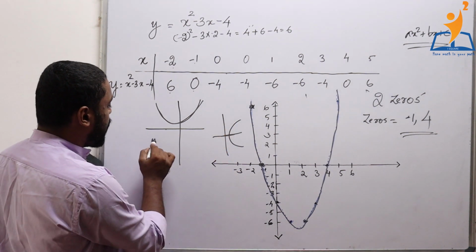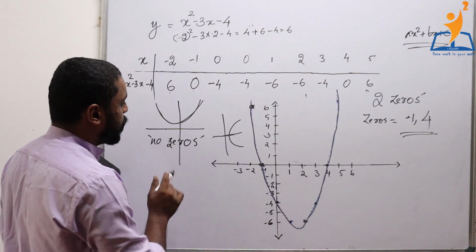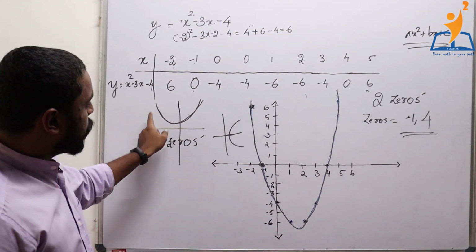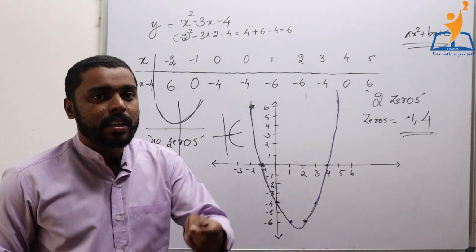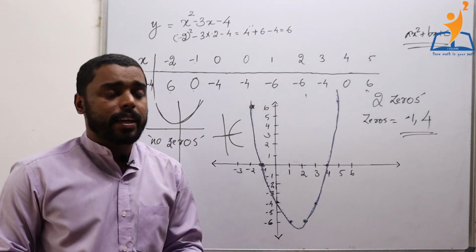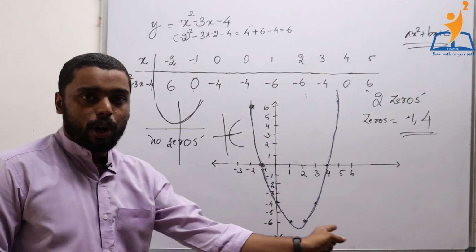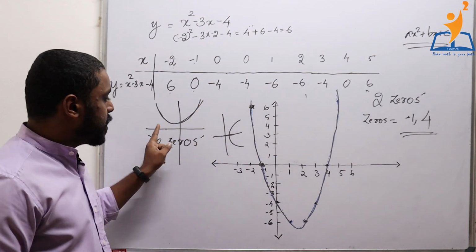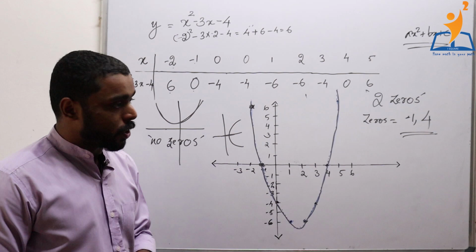In this case we can say that the polynomial has no zeros. Always remember that the graph of every second degree polynomial is of this shape or this shape, parabolic shape. Now, if we got a graph like this, then we can clearly say that it has no zeros.